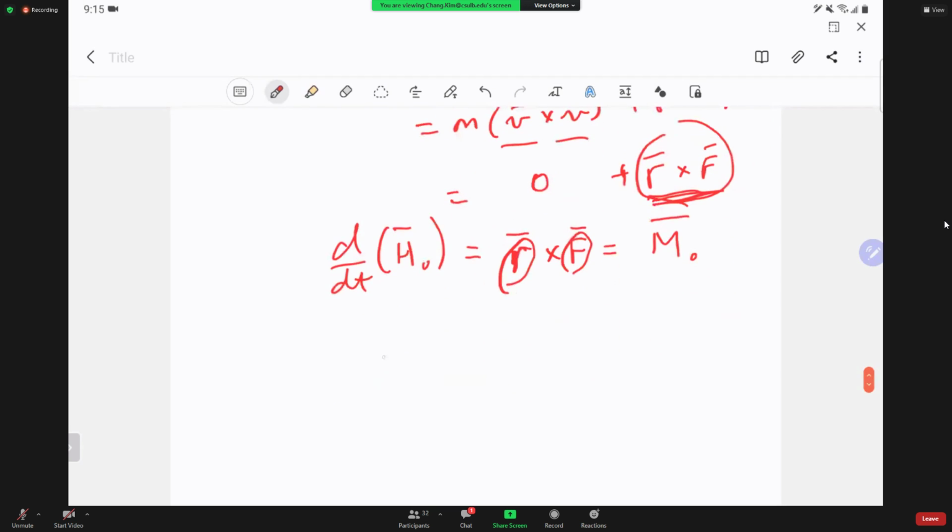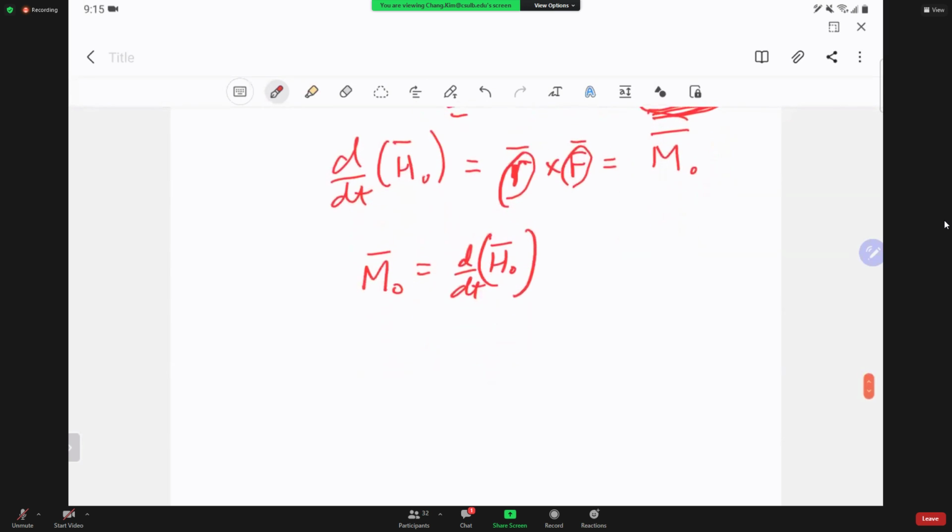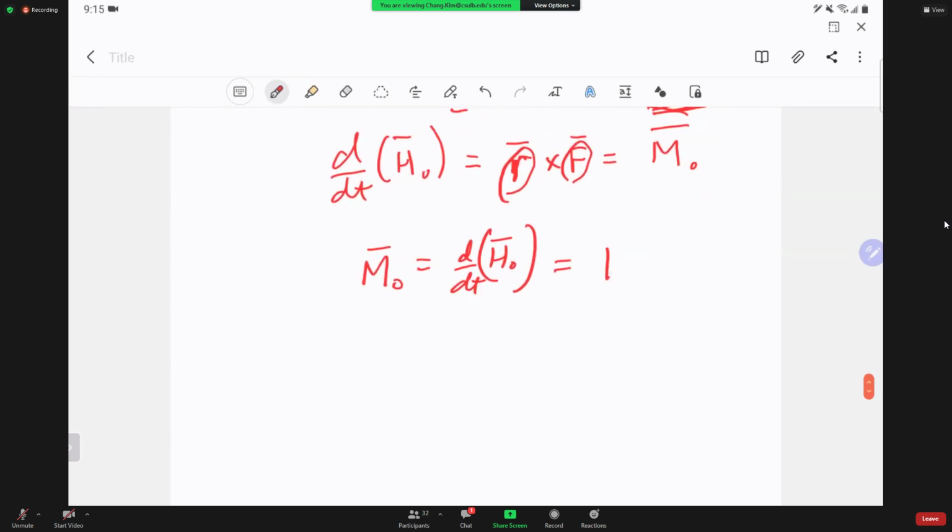So your moment is equal to the rate of change of angular momentum of your dynamic system with respect to time. This one, I'm going to call H bar dot. Similarly, force is equal to L dot.